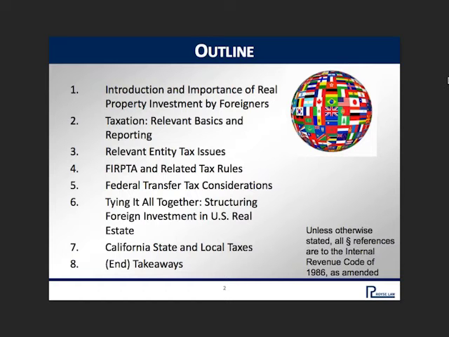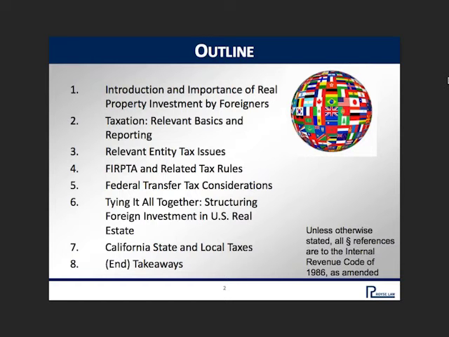There are really two global issues that we're dealing with. We have a federal income tax that can go as high as 40%, and we have a federal estate tax and gift tax that can also go as high as 40%. A lot of the planning and issues that you'll hear discussed today relate to how you dance around or minimize those particular taxes. There are then relevant entity issues in avoiding or minimizing those taxes.